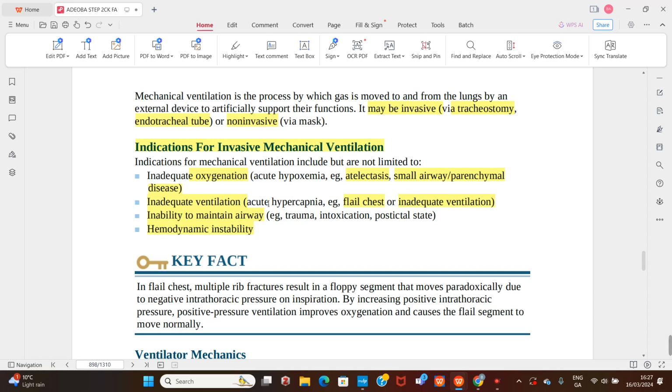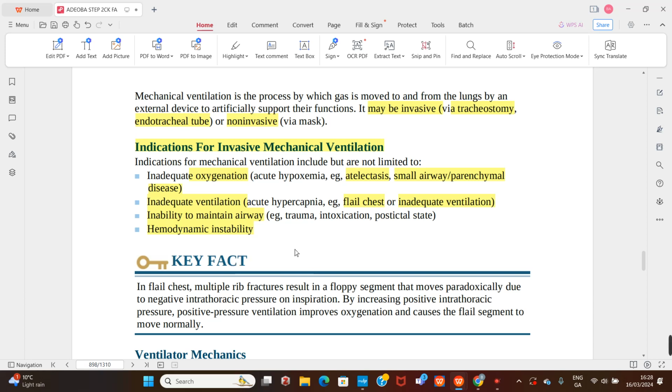It prevents movement of oropharyngeal content or even content from the stomach up into the pharynx to enter into the airway. So they are kind of occluding the airway so that you don't have content from different parts of the body, like stomach or the oropharynx, to enter into the airway. So you might protect them from aspiration by placing them on invasive mechanical ventilation.